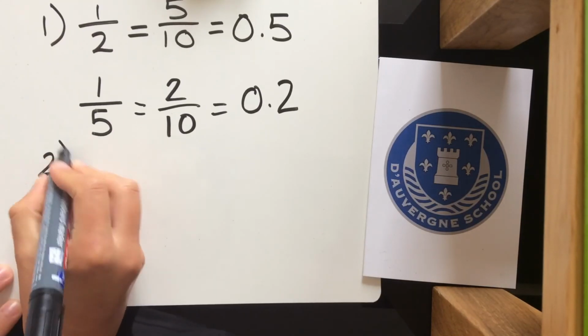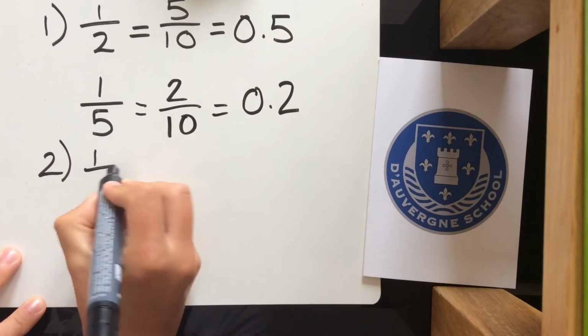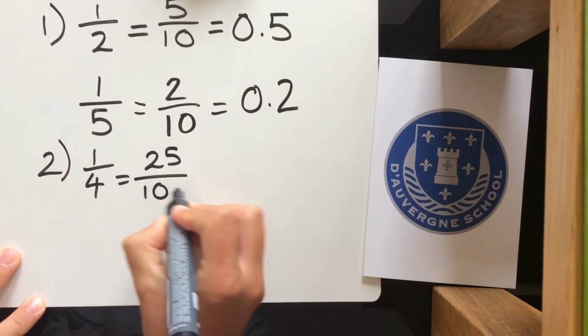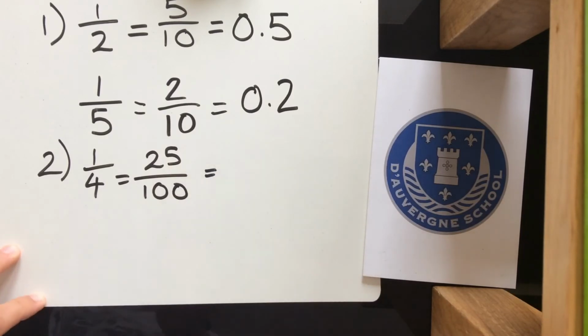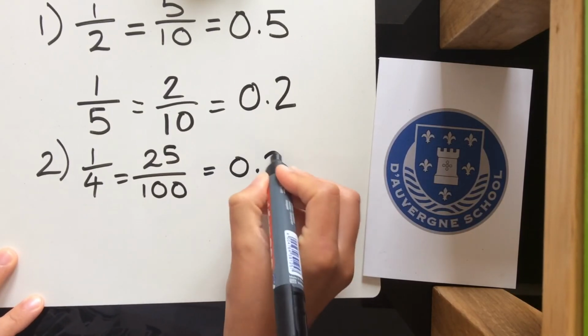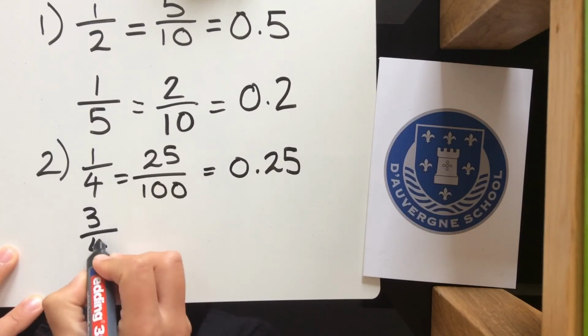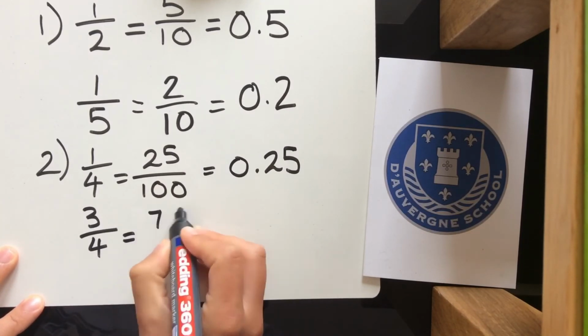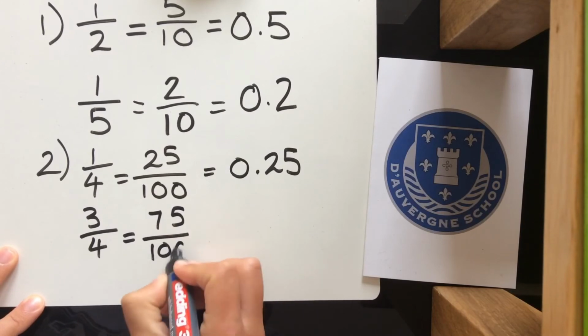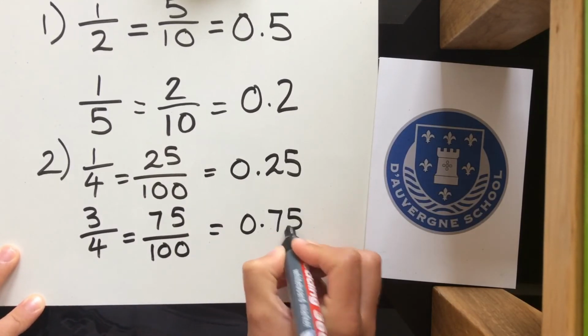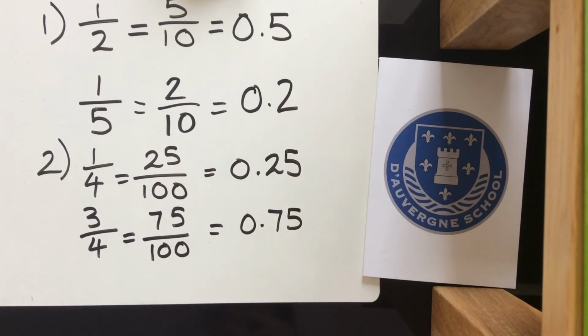Okay, question 2. 1/4 equals 25 hundredths. And how do we write that as a decimal? 0.25. And 3/4 equals 75 hundredths. And as a decimal, that is 0.75. Okay.